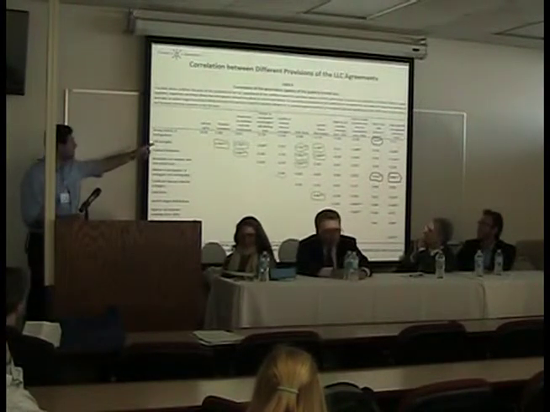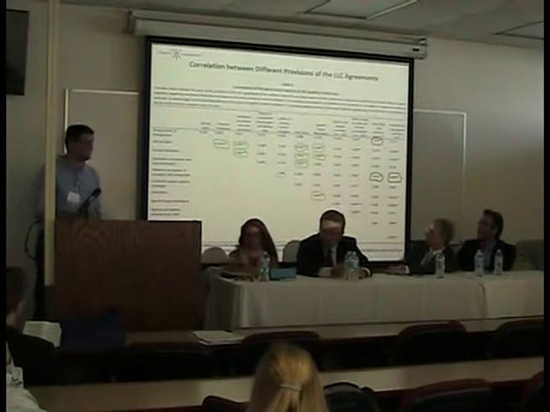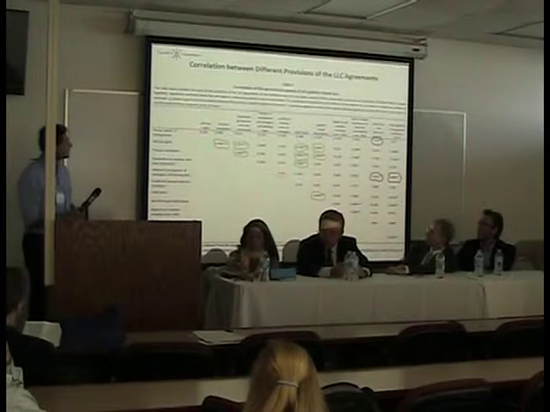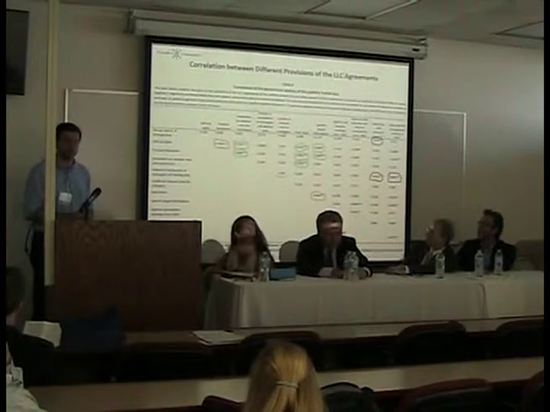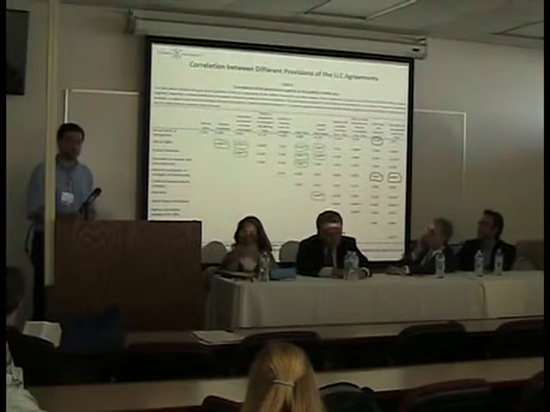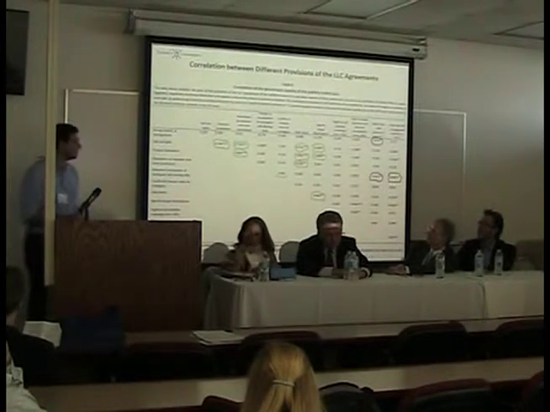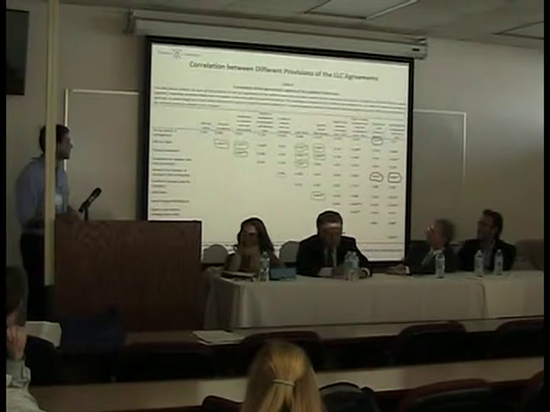And then green results. These are strong minority protection rights, and you can see that usually they appear together, and usually they appear in cases where controlling members and managers don't have economic interest in the company, which means that there is a risk that they can take decisions not in the interest of all members, and hence minority members in these cases need more protection.